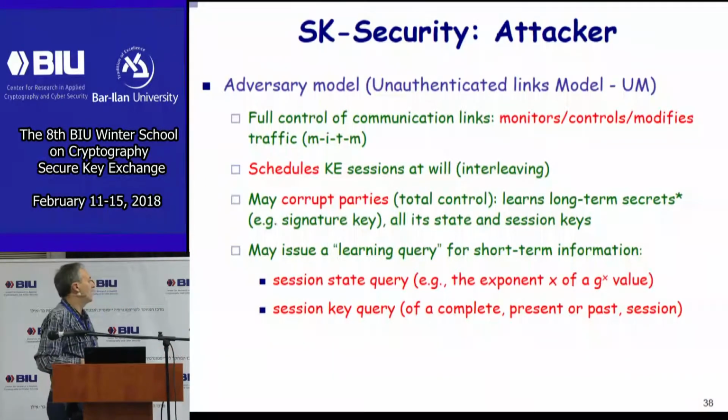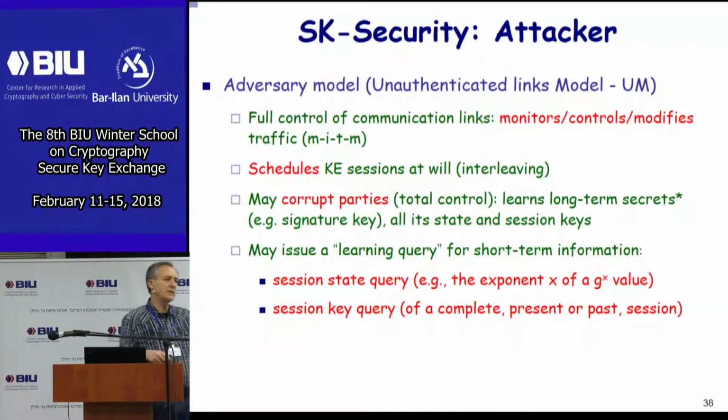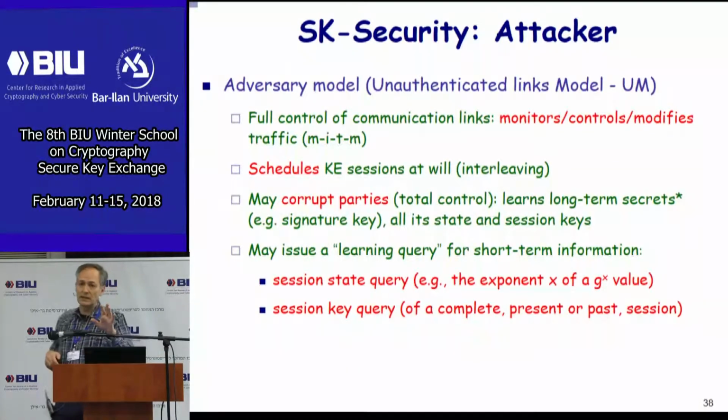The attacker can corrupt parties. If it finds the long-term secrets, the private signing keys or stuff like that, we will consider the party as fully corrupted. Once the attacker has the long-term private keys, we consider that party to be completely controlled by the attacker. That, by the way, is the basic model.